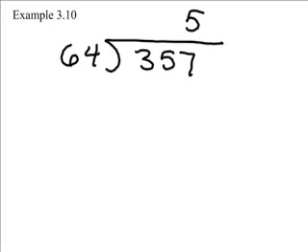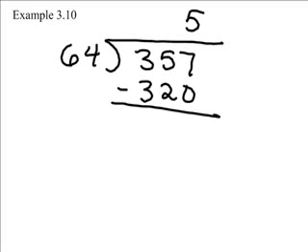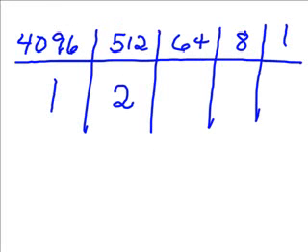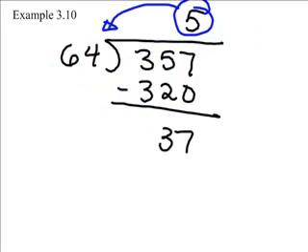What we want to know is what the remainder is again. 5 times 64 is 320, and then you subtract, of course, to get the next remainder, which is 37. But what we want to make note of is that there are 5 64s in our given number. So we're going to put a 5 in the 64s place.